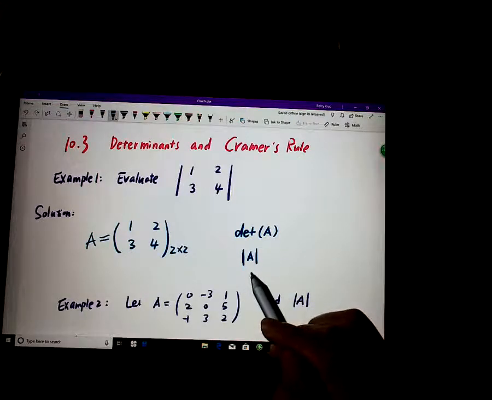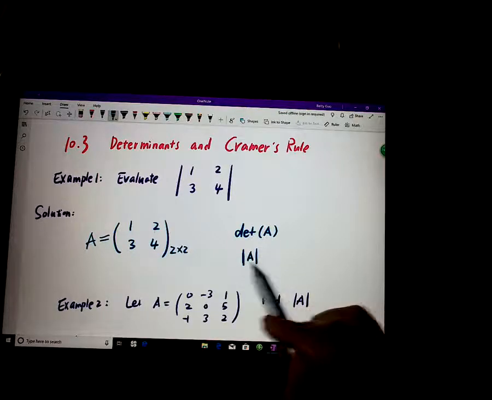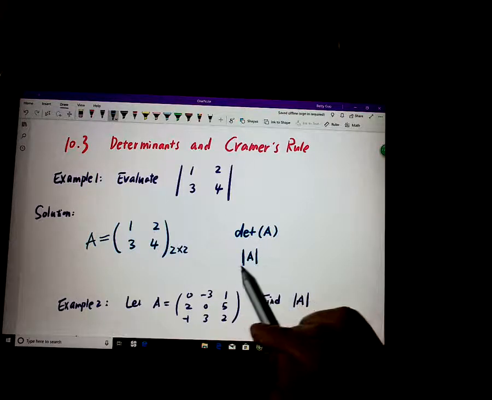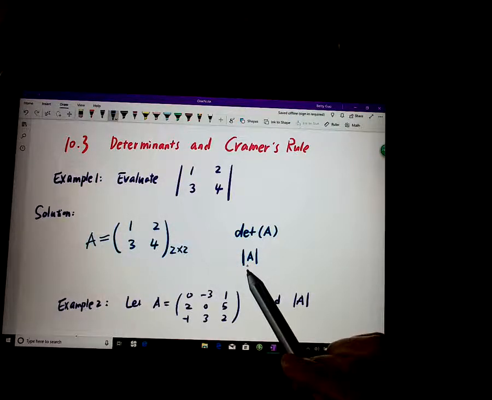Looks like absolute value notation, but it's very different. We put two vertical bars on each side of the matrix to frame the matrix. Then we would have the determinant of the matrix.